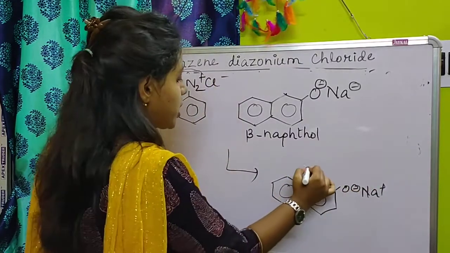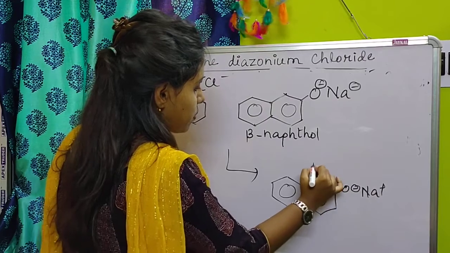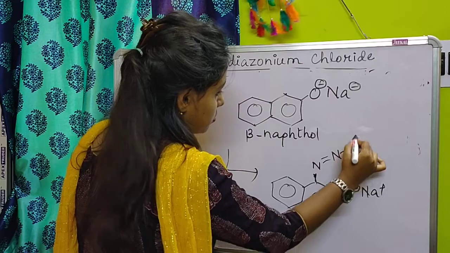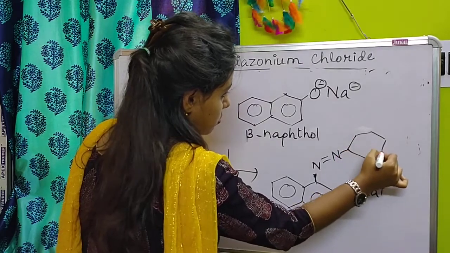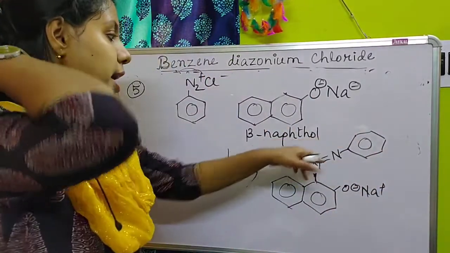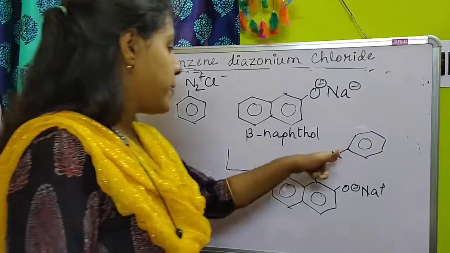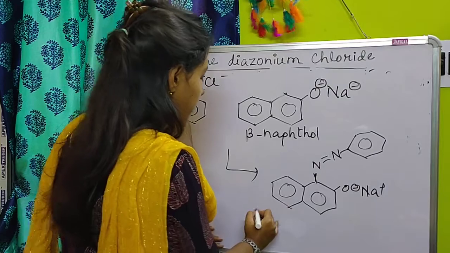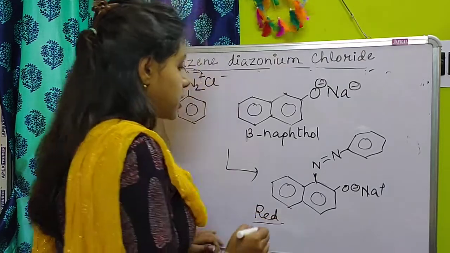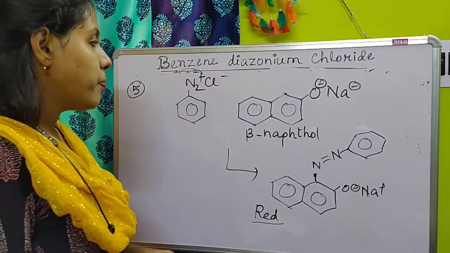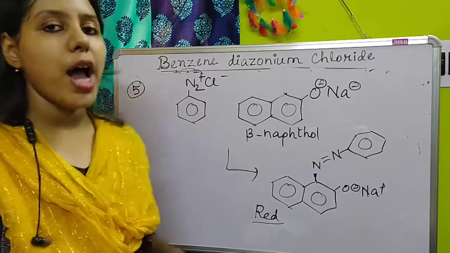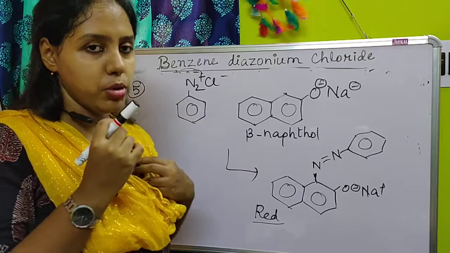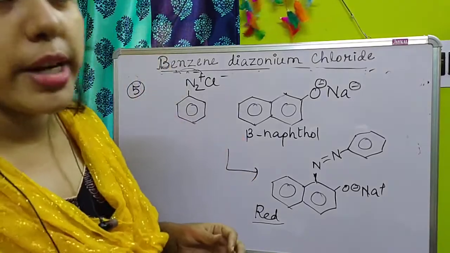At the top position there will be the azobenzene ring that will be attached at the alpha position. Okay, so this is a red colored compound. This is known as azo dye. So this reaction is used for identifying the presence of diazonium chloride in any organic compound.